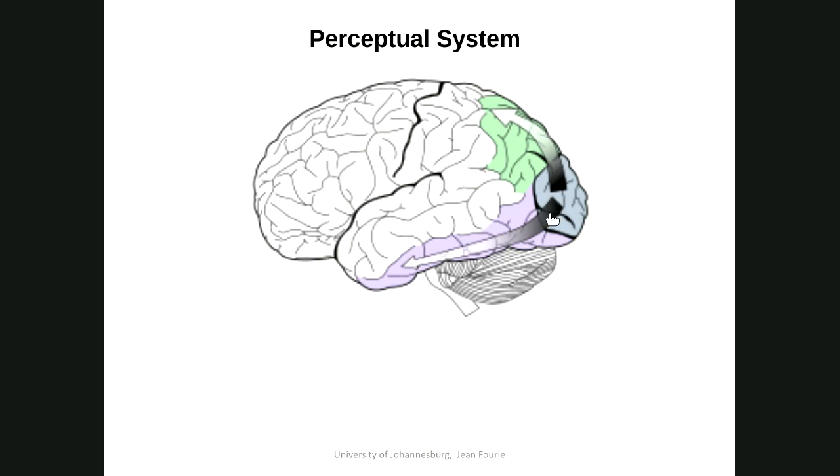And then the processes are sent to other parts of the brain so that the brain can then decide if we're going to do some movement. Are we going to move arms or feet or hands or fingers, or are we going to perceive other things?